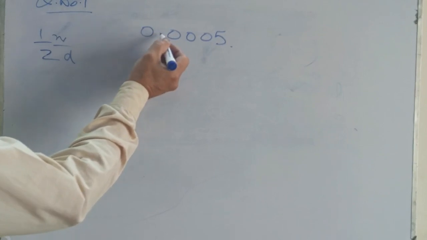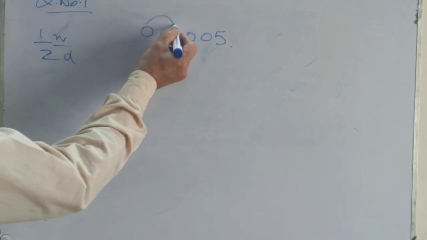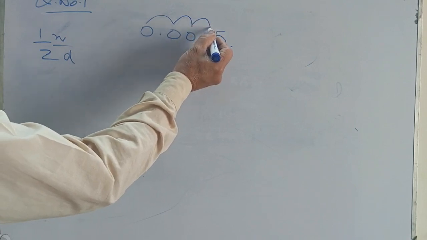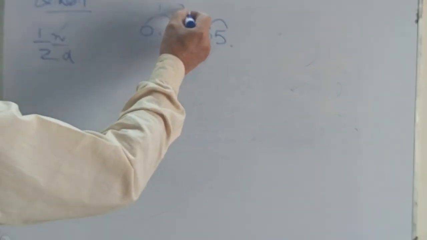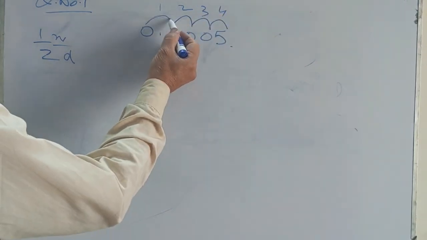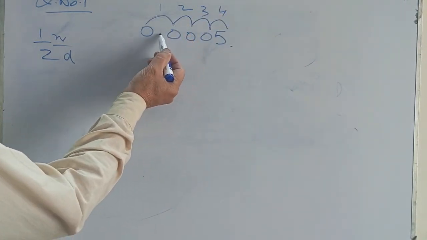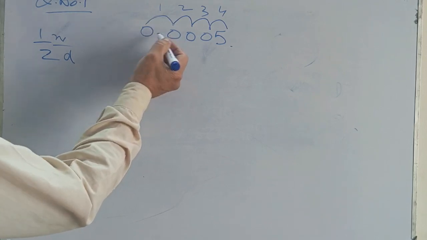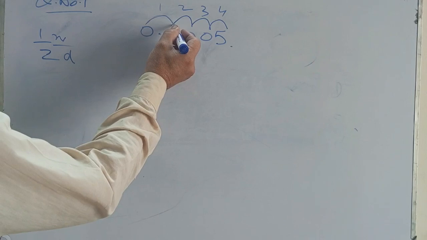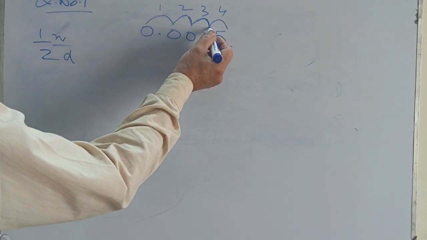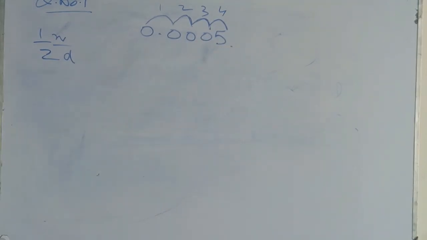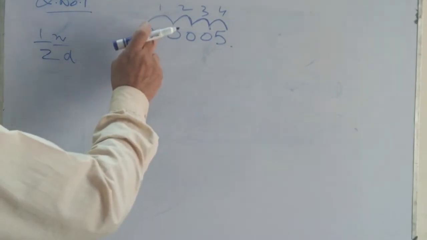We just draw these waves over here. Now how many waves are there? You see that: 1 2 3 4, from the first 0 before the point to the 0 after the point, from the first 0 towards the second 0, from the second 0 towards the third 0, and from the third 0 to the end of the number.